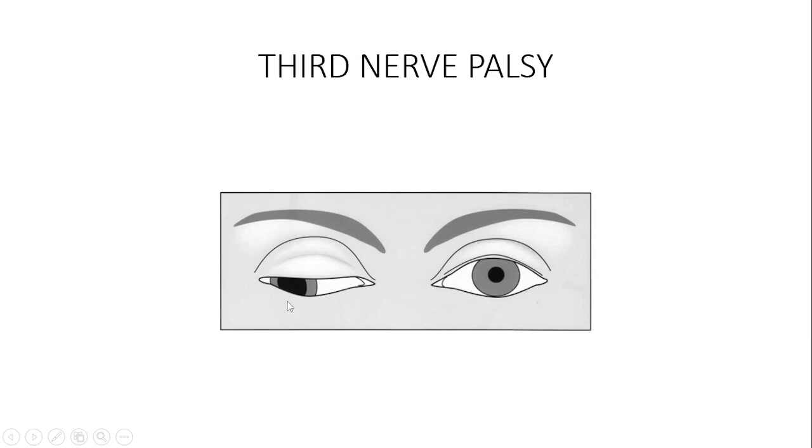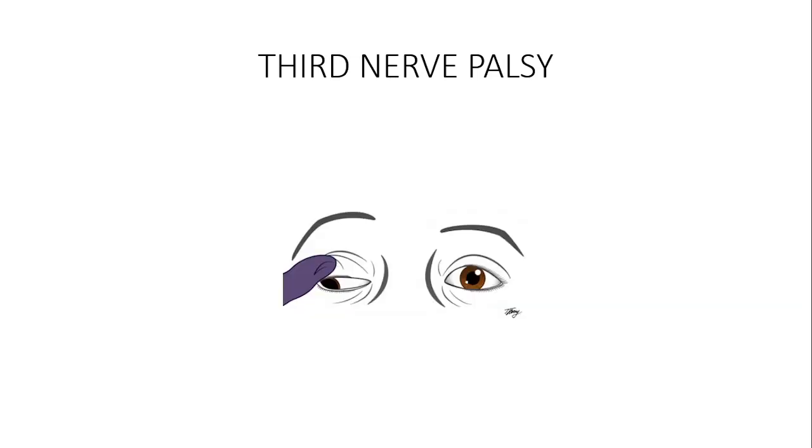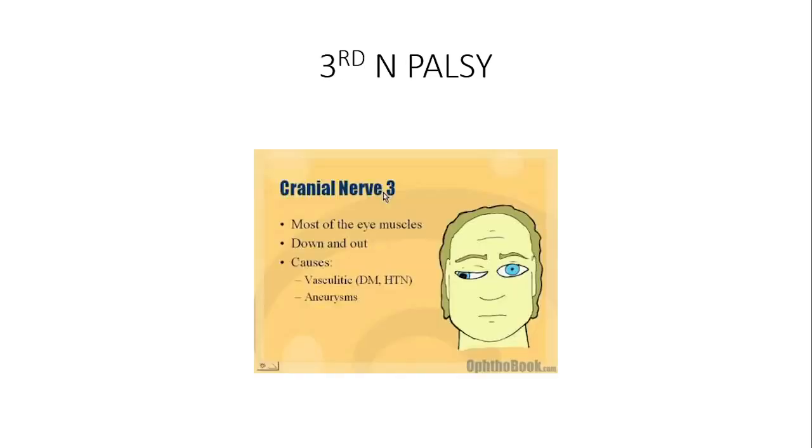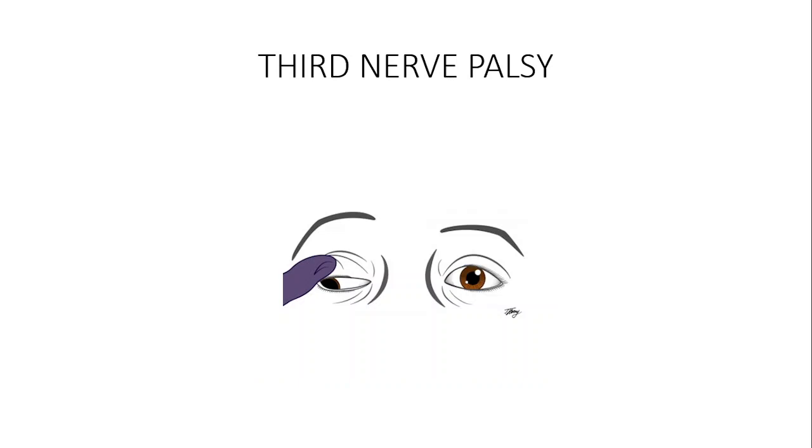Now the pupil sparing third nerve palsies. Let's assume that this pupil is not dilated. What are the etiologies? Basically, they might be caused by vascular problems.